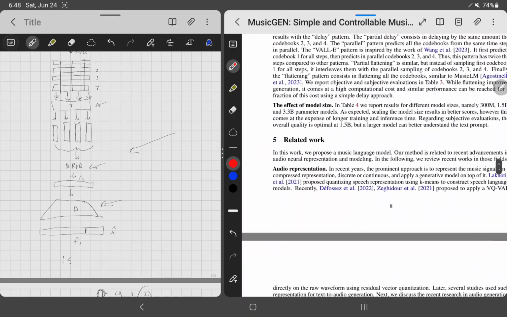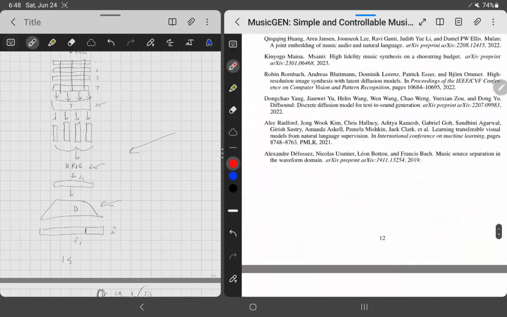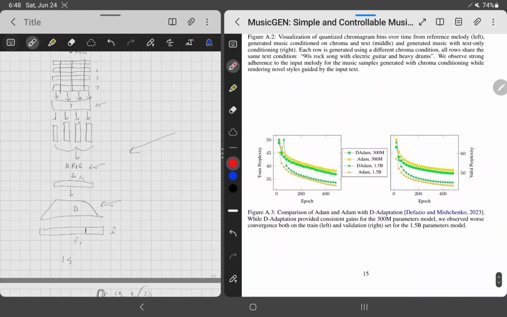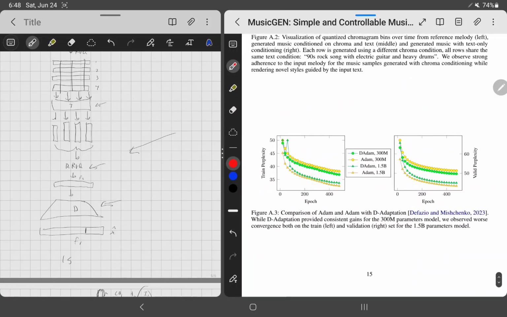Yeah. One other thing is they use this thing called datum, and I don't know what it is, but it looks interesting. They had datum at 300 million parameters.